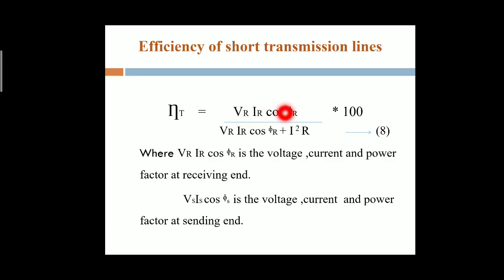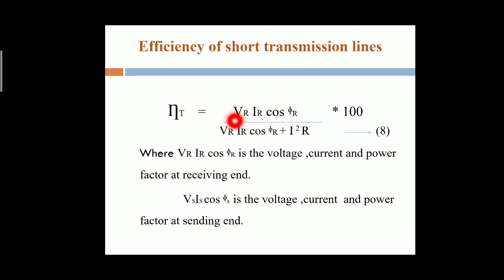The supplied power is written as delivered power plus losses, or line losses. Delivered power plus line losses is known as the supplied power.